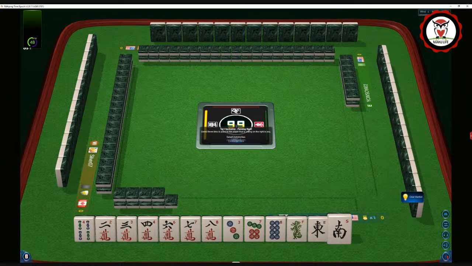Okay, we have 4 bam, 2, 3, 4, 6, 7, 8 in cracks, 3, 7, 8 in dots, green dragon, east and south. This is a really great example of having no multiples and therefore having to focus on the predominant pattern. When I look at these tiles, most of them are 2, 3, 4.